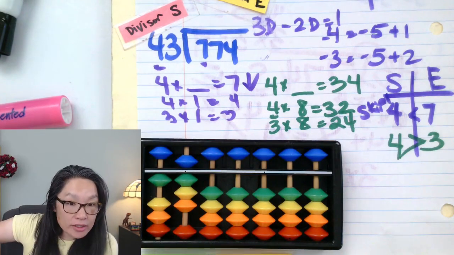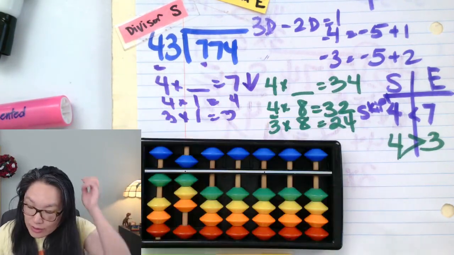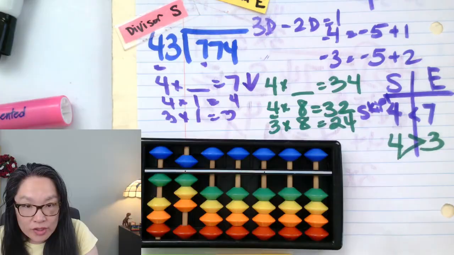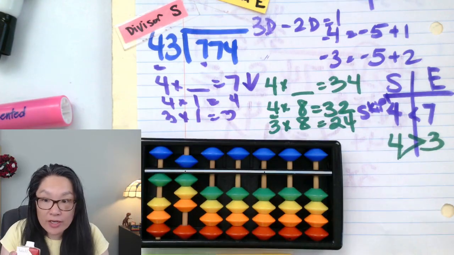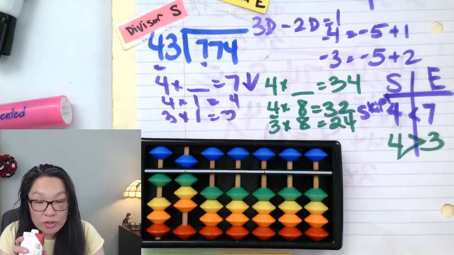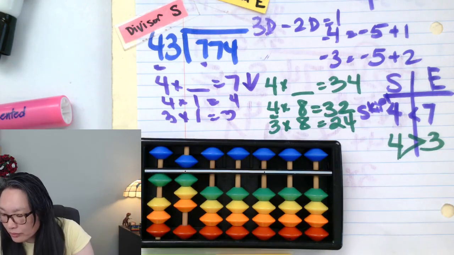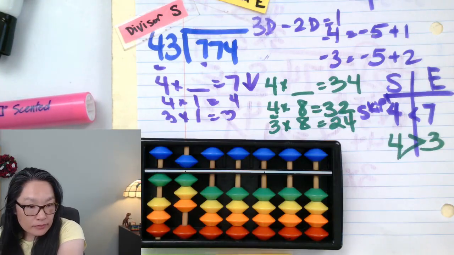Yeah. Okay, good. And that was the interesting thing about it. I was trying to research how mainstream math does two-digit division. There's not a lot of videos on it, so I guess I'm going to start bombarding the whole world on how to do two-digit division on the abacus. It's 18, right?